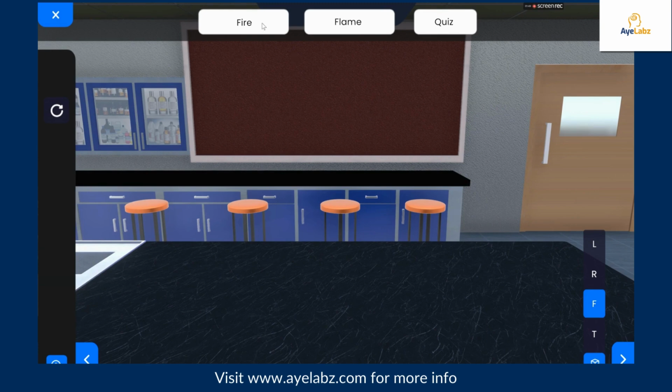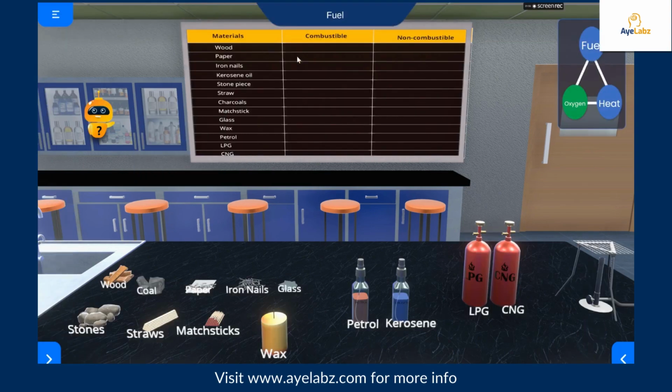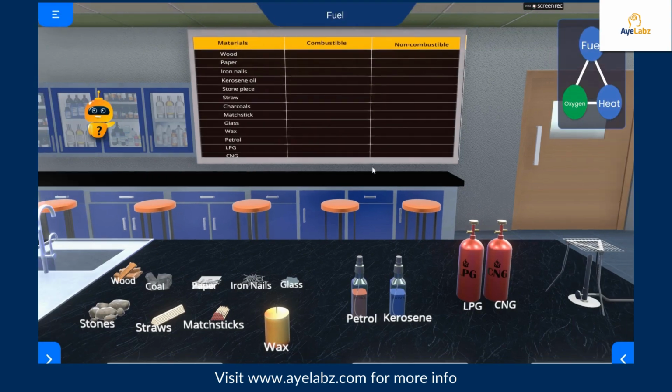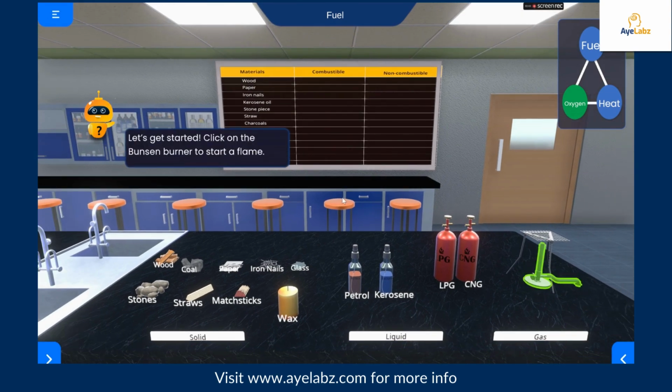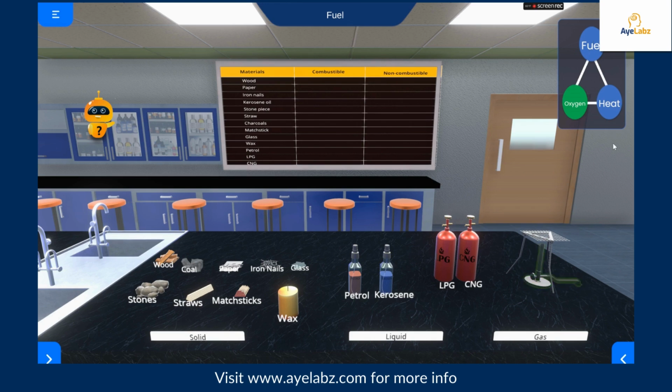Let's get started with the concept. First, let me take you through fire. Here we have many materials to be tested whether they are combustible or non-combustible. Before getting into that, you can see a triangle on the right hand side of your screen.